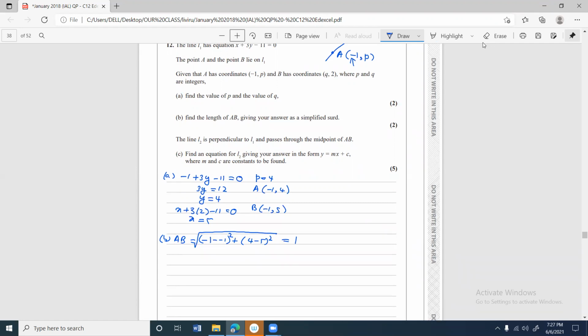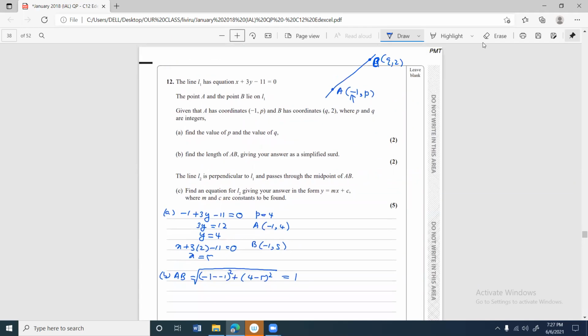Wait, give me one second. Did I make a mistake over here? P is (minus 1, 4). Q is, sorry, this is not 5. B is (Q, 2).